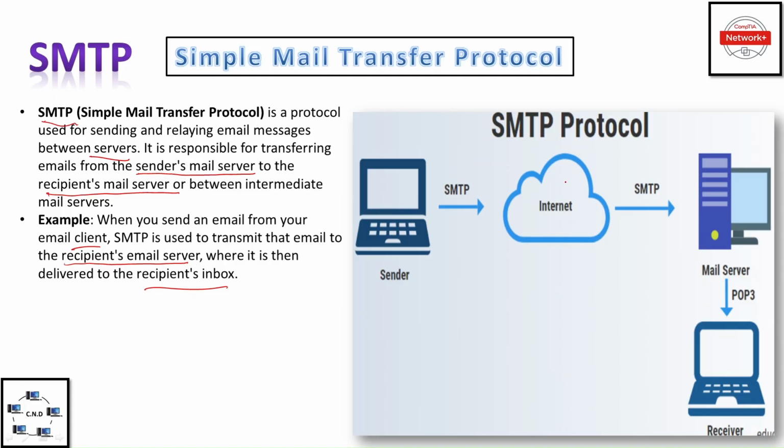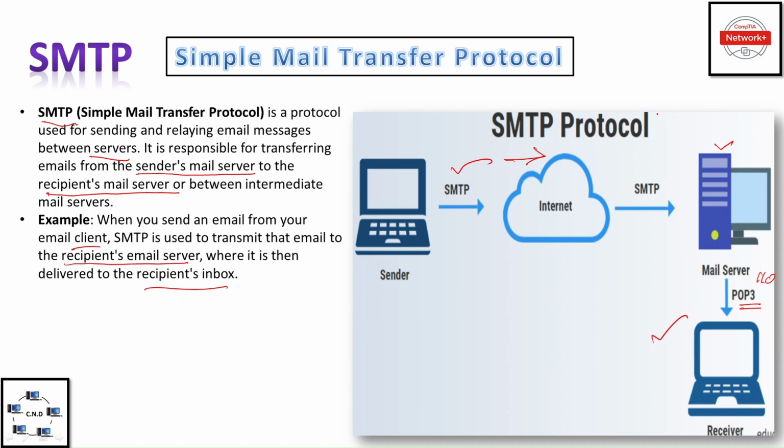So remember, there are two or multiple protocols involved in the email exchange. SMTP is used for sending the email messages to the mail server, while the POP3 shown here, which uses port 110, is used for retrieving the emails by the receiver from the mail server.